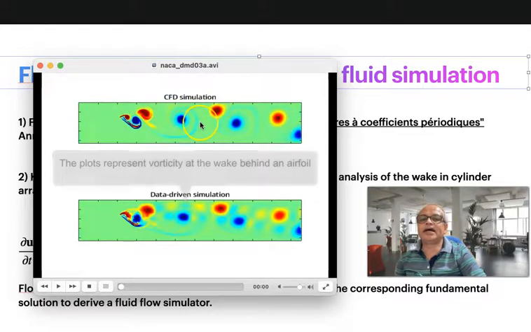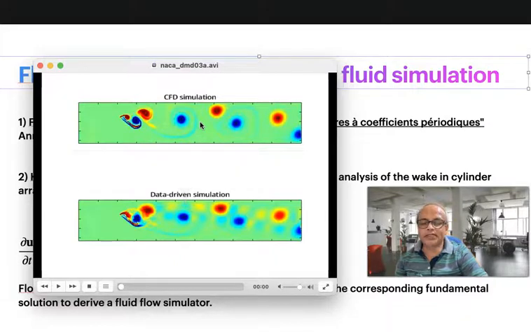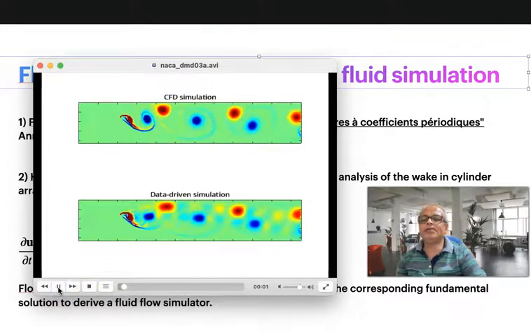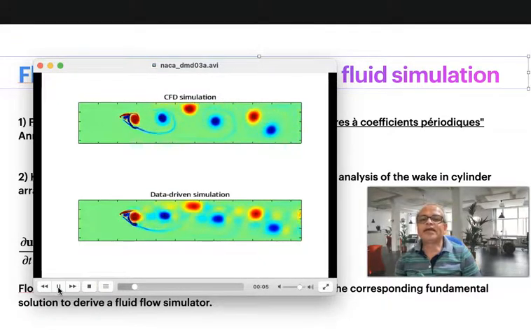I then used the vorticity to simulate the vorticity equation in terms of that matrix A. The bottom part, which I labeled as data-driven simulation, is done with Floquet theory, and I want to compare how they look. If I animate that, I can see that they're fairly similar.